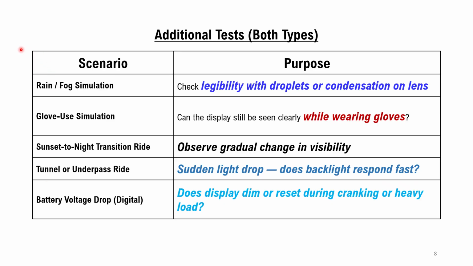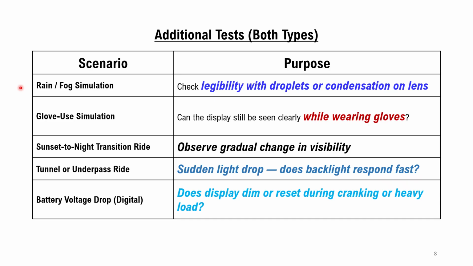Now, what are some additional tests which should be applicable to check the quality of both the types of speedometer, that is analog and digital? We have number one, rain or fog simulation.